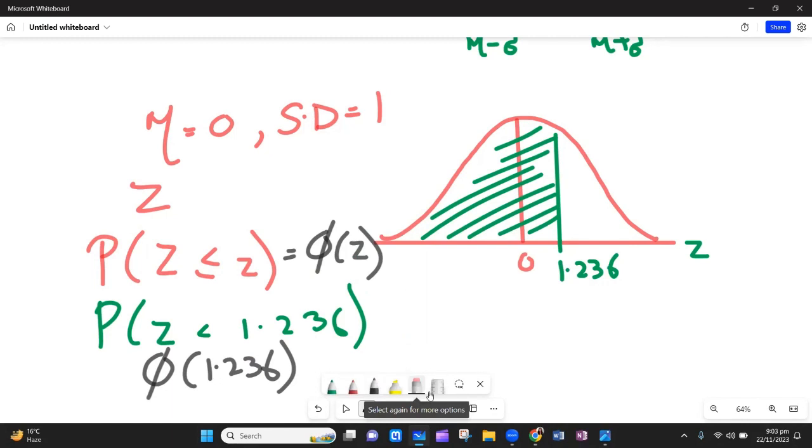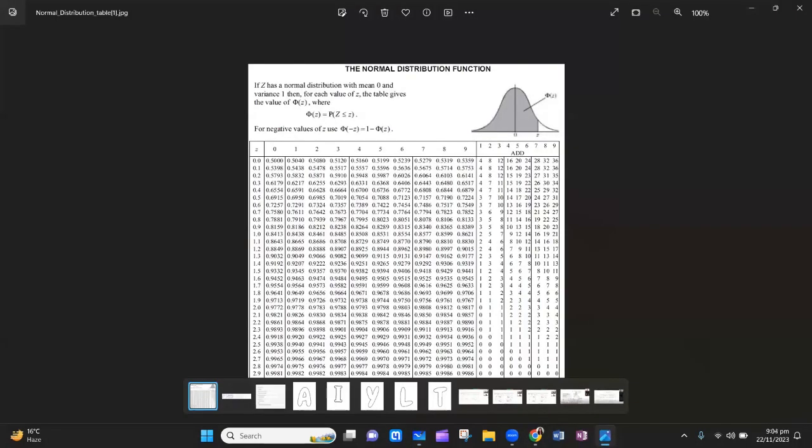Okay, now we go to the table and learn how to read this probability from the given table. Okay, here's the probability distribution table. The probability was 1.236. So on the first row, this row, find 1.2.